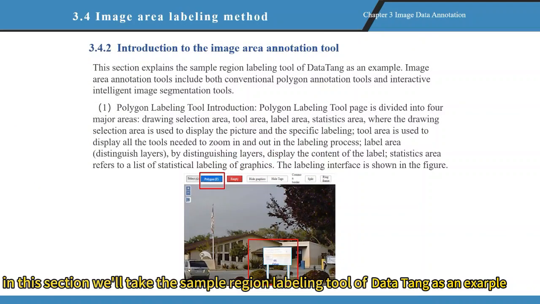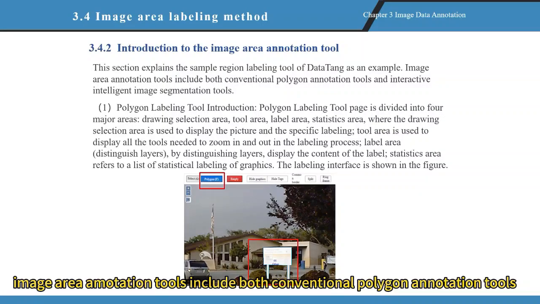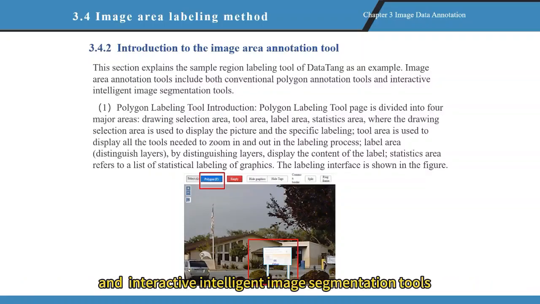In this section, we'll take the sample region labeling tool of Datatang as an example. Image area annotation tools include both conventional polygon annotation tools and interactive intelligent image segmentation tools.